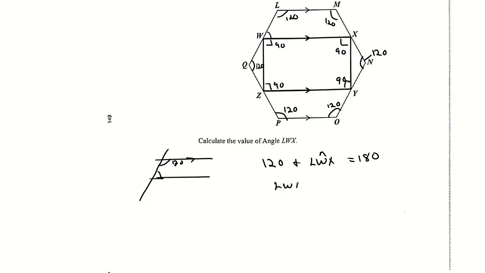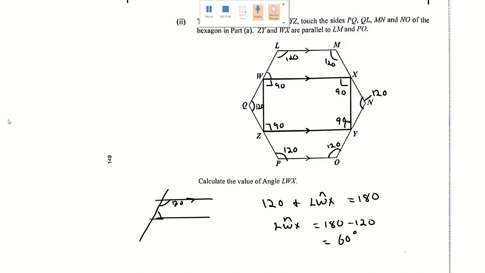So LWX would be 180 minus 120, which is 60. And that would be your answer for this question. Do we understand this, guys?